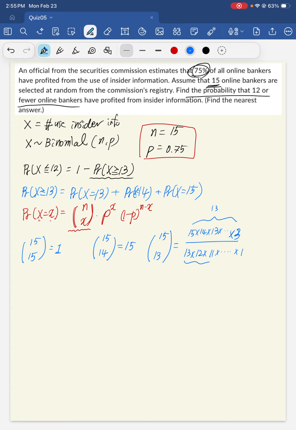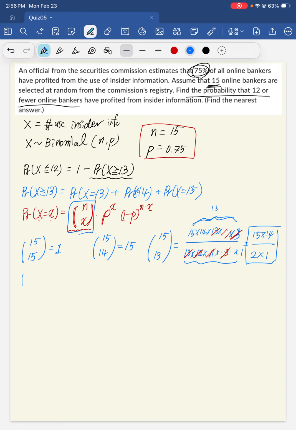There are 13 numbers in the denominator and 13 numbers in the numerator. Most of the numbers will be cancelled out, right? There must be 3, which will be cancelled out with this one, 12, 12, 11, 11, like that. Then in the end, what remains is 15 times 14 divided by 2 times 1. So it is much easier to calculate. Okay, then this part is done.